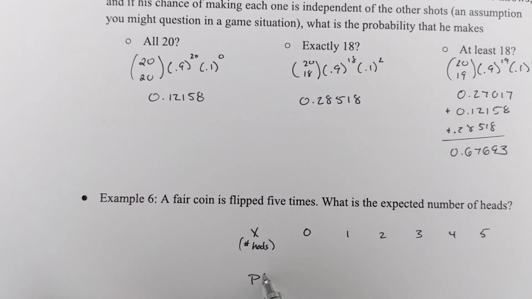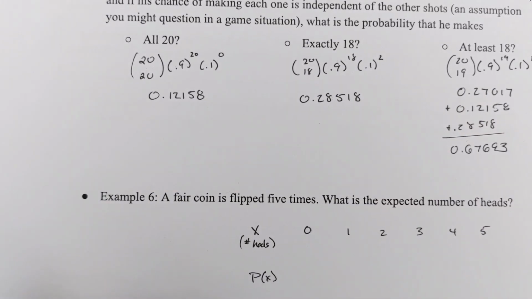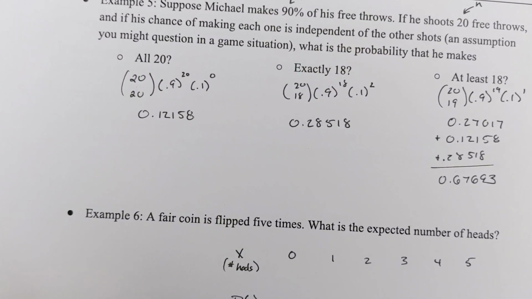The probabilities, we're going to have to use our formula for. So this would be 5C0 times 1/2. This is always going to be 1/2 to the 5th, because success and failure are the same, so it doesn't actually matter. So 5C0 times 0.5 to the 5th is 1 out of 32.